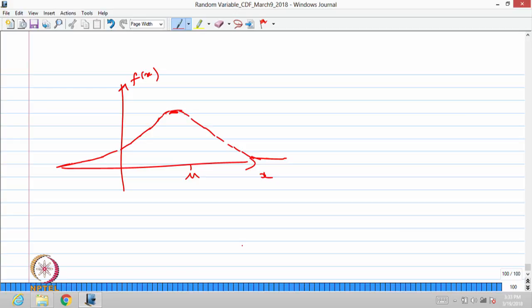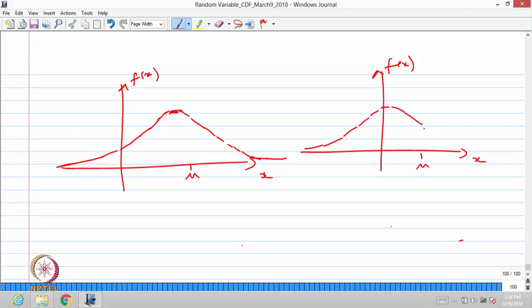So, you can have a different diagram for a different sigma value. Let me give another diagram. The probability density function has its peak at x equal to mu. Suppose this is the density for sigma equal to 2. Suppose you want the same mu but a different sigma value.